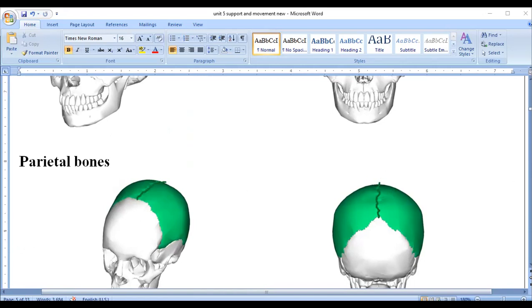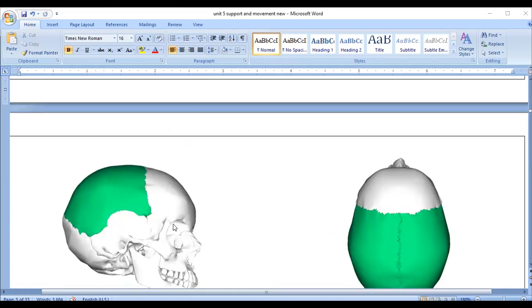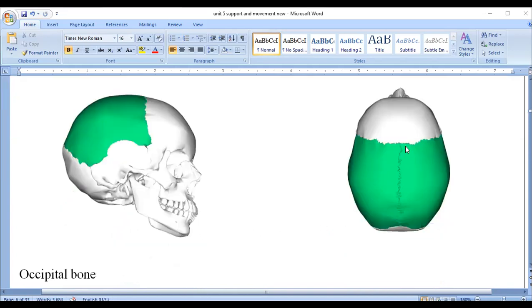Two parietal bones are there. Parietal bones in the sides look like this. From the top view, I have given four pictures to show you the different locations. Here are the sutures. Two bones, right and left parietal bones.